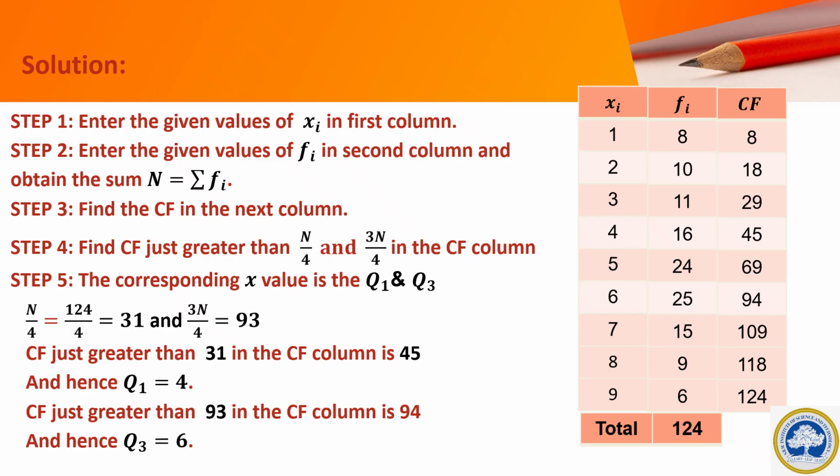Now we see in the cumulative frequency column the value just greater than 31 is 45, and hence the corresponding x value will be Q1. That is, here Q1 is equal to 4. Likewise, we find the cumulative frequency just greater than 93. It is 94, and the corresponding x value is 6. So the third quartile value will be 6.